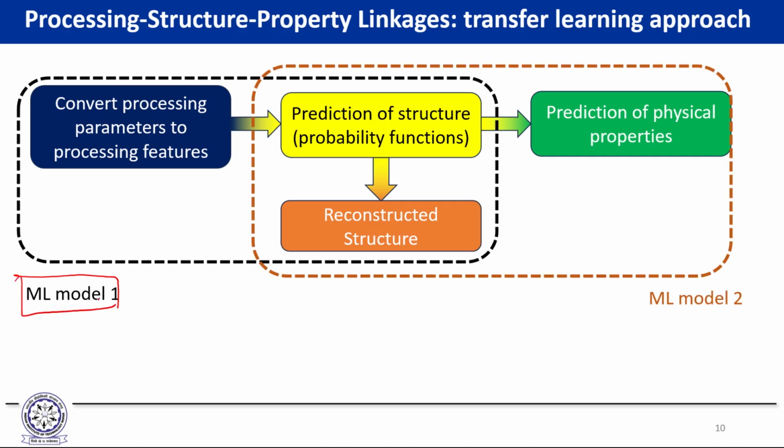Then the three boxes on the right-hand side are the exact three things that we were looking at when we were trying to establish the structure property linkages as well. And so this now becomes our machine learning model 2. So what we are essentially doing is learning from one machine learning model, using that as an input for the second machine learning model, and then getting our final output.